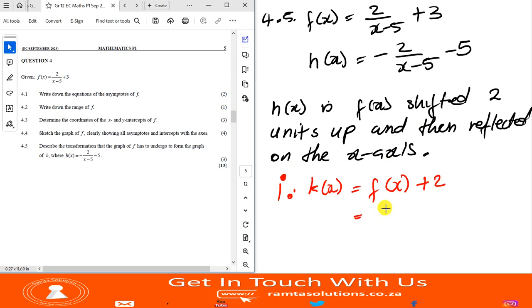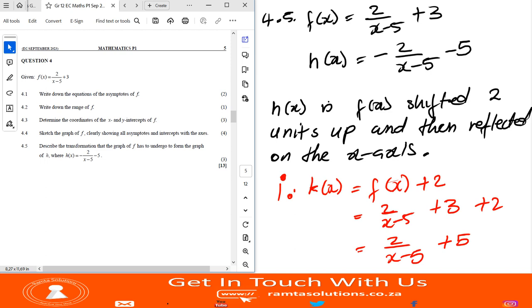What is this? This is 2 over x minus 5 plus 3 plus 2. This part here is your f of x. So far, this is my first point. This is where you are shifting 2 units up, right?